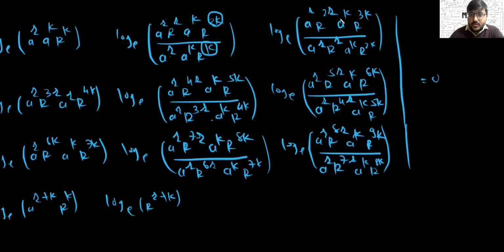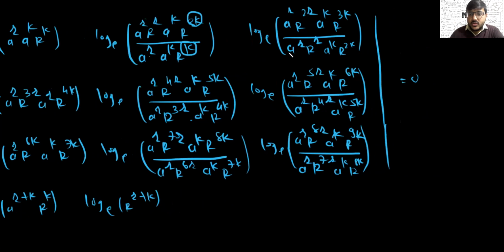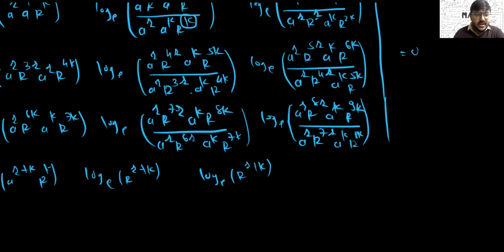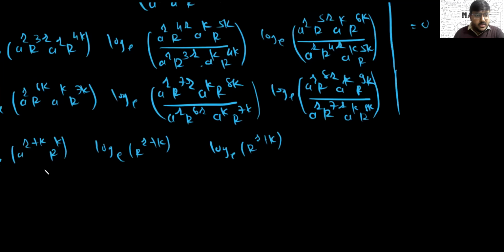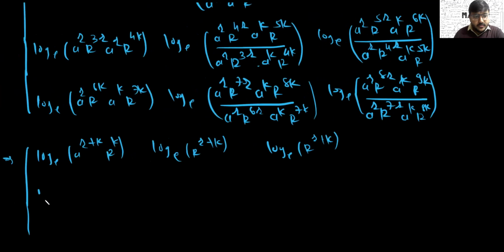Just check what should be the element over here. a^r, a^r, a^k, a^k cancel. 2r minus r, that is r. 3k minus 2k, that is k. So here again I'll get capital R raised to r plus k. Same way, now in the second row, here it will be log a with a^(2r) R^(3r+4k), but that does not have any concern with us.